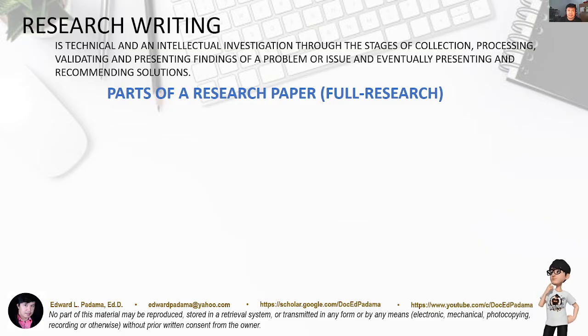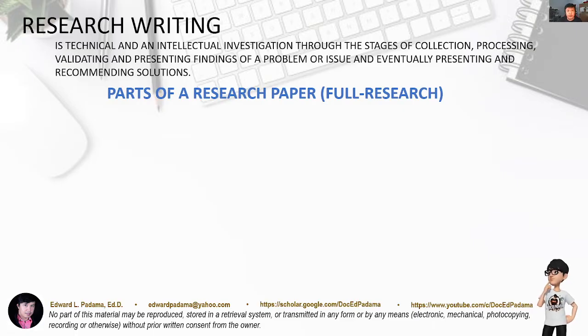Again, class, this is what we call a full research. So basically, in our class, especially under purposive communication, you are only going to do a proposed research. A proposed research refers to creating and writing chapters 1 to 3 instead of writing the full research, which is chapters 1 to 5.